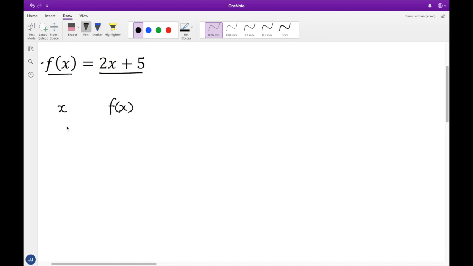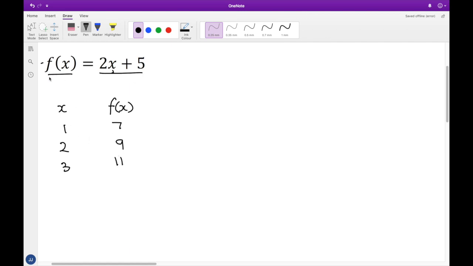Now, according to this equation, when x is 1, 1 times 2 is 2 plus 5, that is f of x will be 7. If x is 2, then 2 2s are 4, 4 plus 5 is 9. If x is 3, then 3 2s are 6, 6 plus 5 gives me 11.